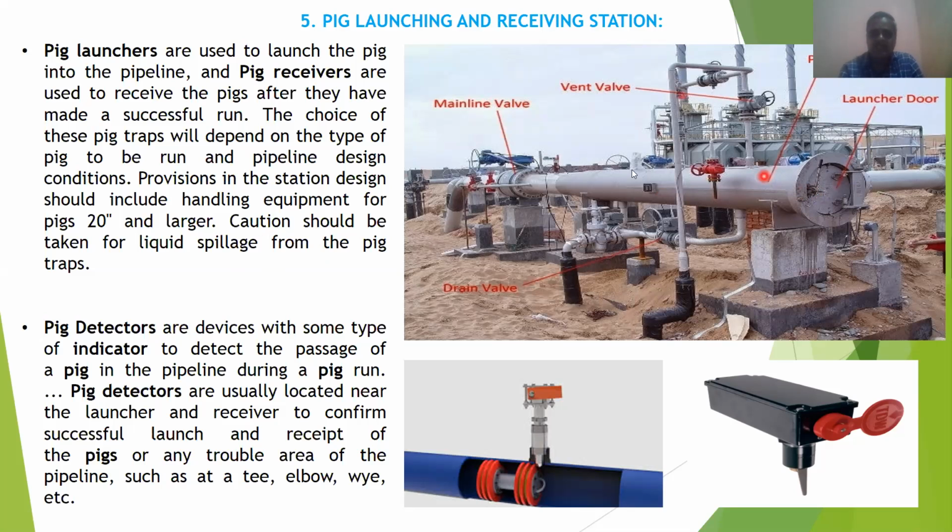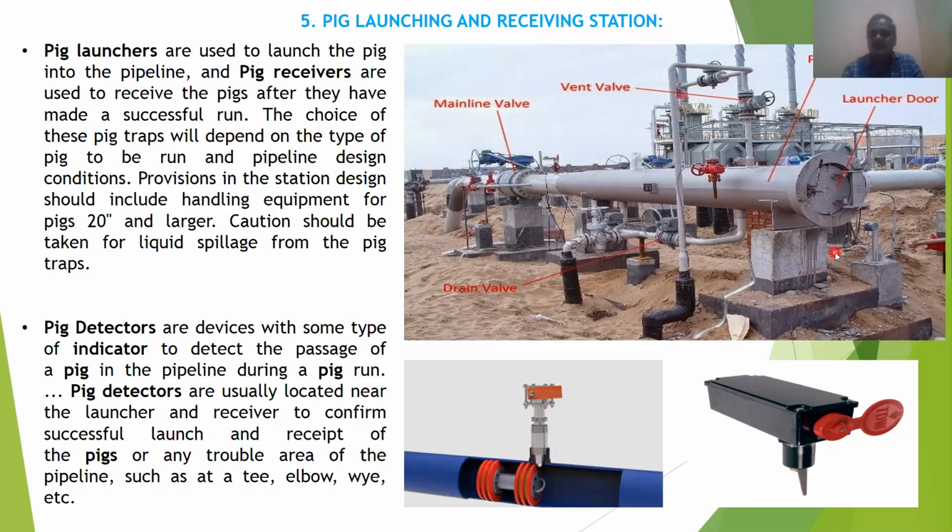This is called the pig launcher, the entire unit. This is the vent valve. This is the main line. This is a drain valve.